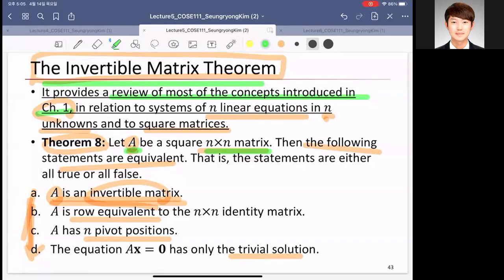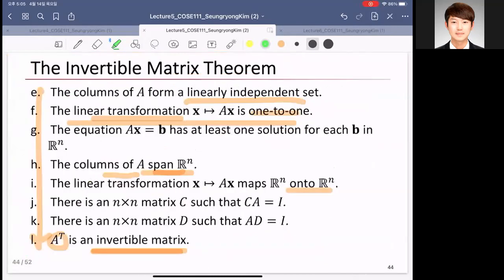This is the invertible matrix theorem. First, A is an n by n matrix, and A is an invertible matrix. A is row equivalent to the n by n identity matrix. A has n pivot positions. The equation Ax = 0 has only the trivial solution. The columns of matrix A form a linearly independent set. The linear transformation x to Ax is one-to-one. The equation Ax = b has at least one solution for each b in R^n.